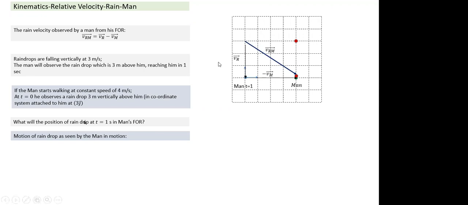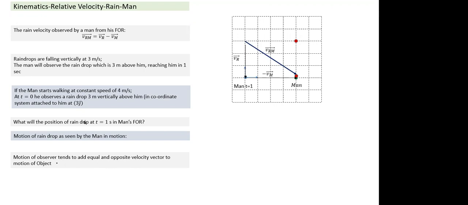This is the same relative velocity equation we have written here. This is just to give you an intuitive understanding of why it works like this. The motion of the observer tends to add an equal and opposite velocity vector.